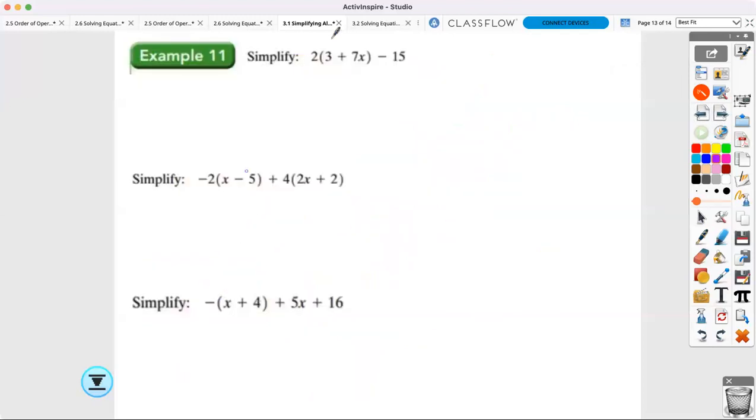Now we have the same property, but now we have an extra step. Now we have to combine and simplify.